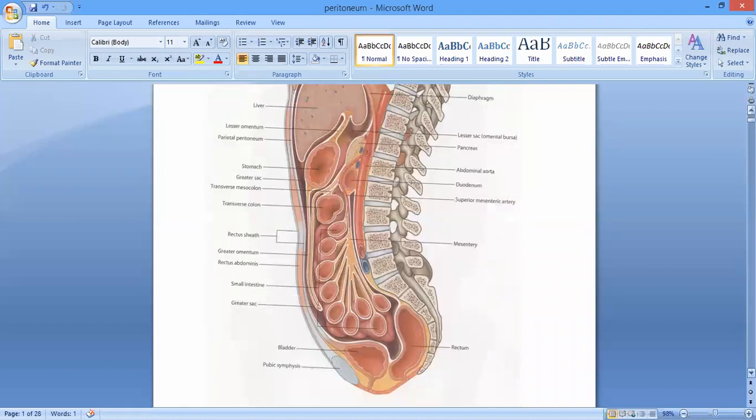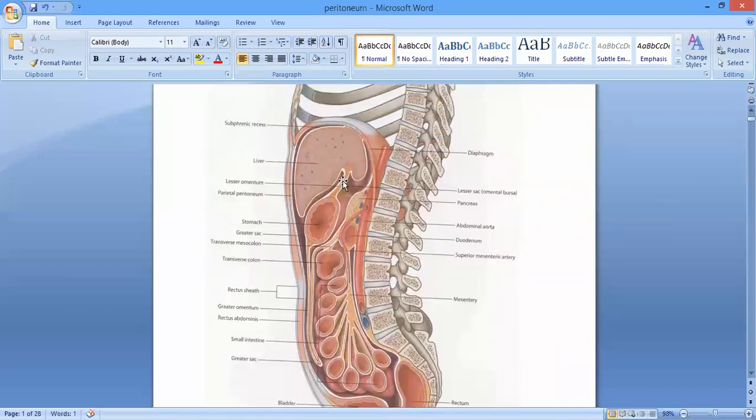Intraperitoneum is a term when the viscera is totally covered by the visceral peritoneum. ठीक है जी? Right? Any organ which is totally covered by the visceral peritoneum, that is called as the intraperitoneal structure. ठीक है? Intraperitoneal organ, like the liver, you can see, then like the stomach. ठीक है? उसके बाद आपके ये jejunum और ileal small intestine की जो ये जो हैं coils of the small intestine, ठीक है? And the appendix, vermiform appendix. ठीक है? So these are the structures, organs which are called the intraperitoneal.